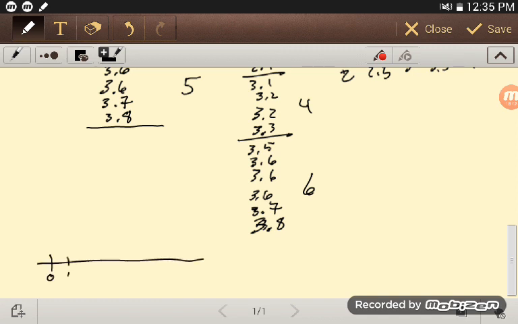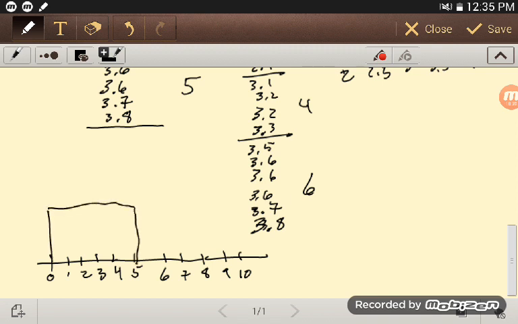Here's 0, 1, 2, 3, 4, 5, and then 6, 7, 8, 9, 10. I probably would try, if my software allowed it and so forth, if I collected all numbers from 0 to 5 like this, but then the other numbers were 6 to 10, I would probably try to put that gap right in there and make a bar chart that looked like this.